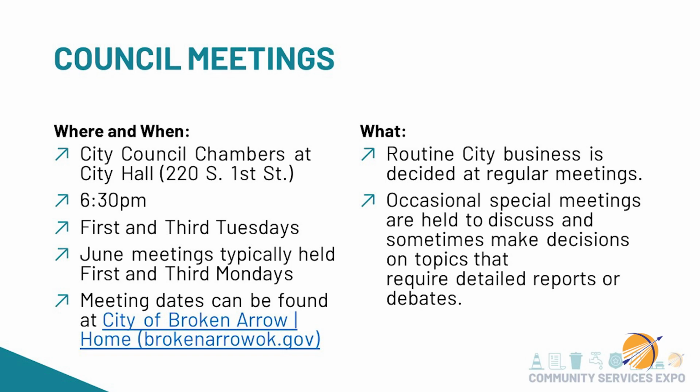What they do at the city council meetings is conduct routine city business, maybe just approving contracts, paying our bills, things of that nature. Now, occasionally, City Council will have special meetings that are held to discuss and make decisions on topics that require detailed reports or more information. For example, late spring, the City Council will typically have a special meeting that they call a budget workshop, where they'll have all the department heads come in and meet with the City Councilors to go over their detailed budget requests for the year.